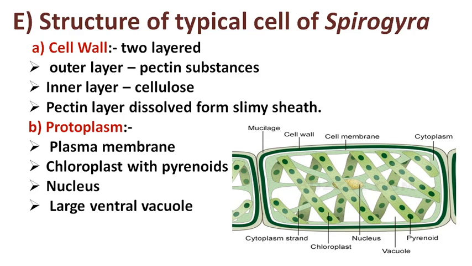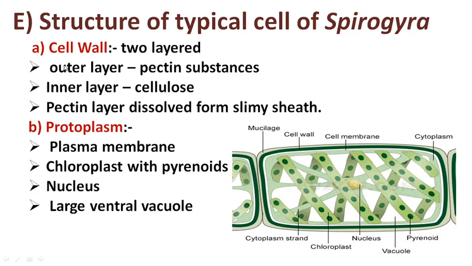There are more than 300 species of Spirogyra, discovered according to the nature of the chloroplast, meaning how many ribbons are there and how many pyrenoids are present on that chloroplast.